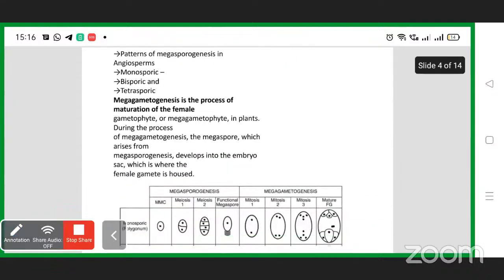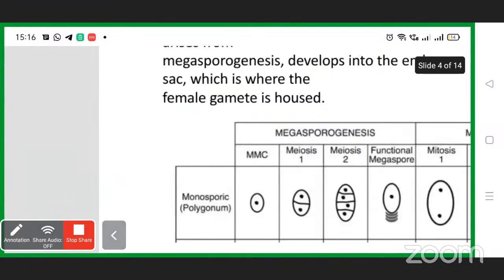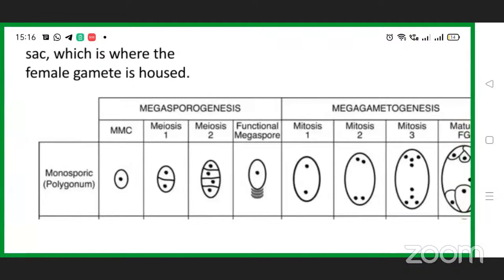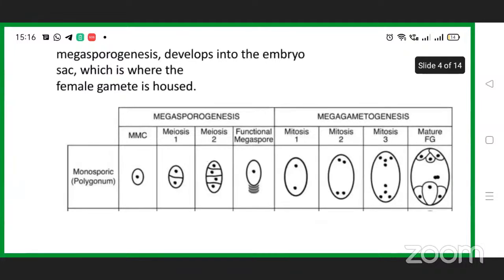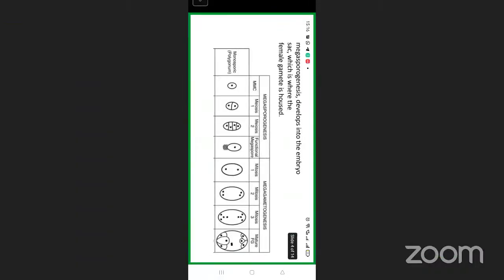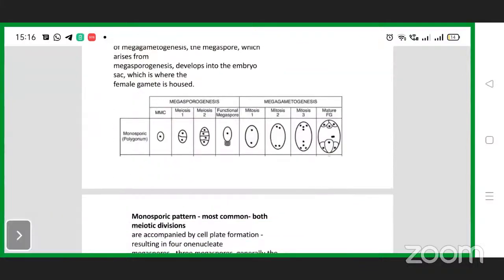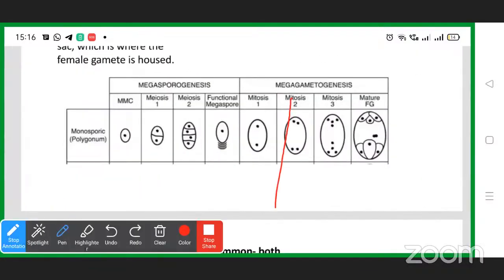Usually in the megasporogenesis, you can see in the first one, the monosporic type, what happens? The megaspore mother cell, the MMC, takes the reduction division, that means meiosis, and forms 4 nuclei.